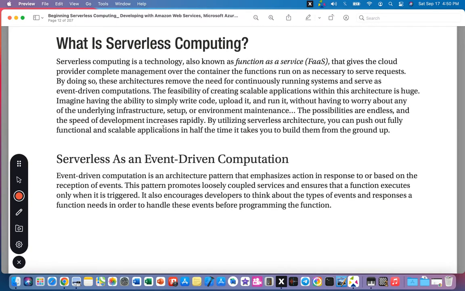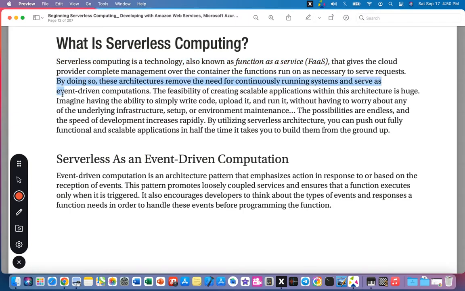What is serverless computing? Serverless computing is a technology known as function as a service, FaaS. So they provide a service that gives the cloud provider complete management over the container the functions run on as necessary to serve requests.